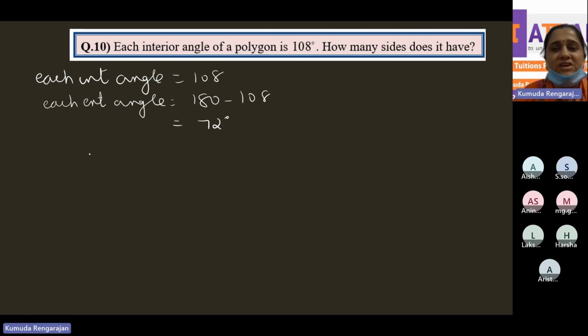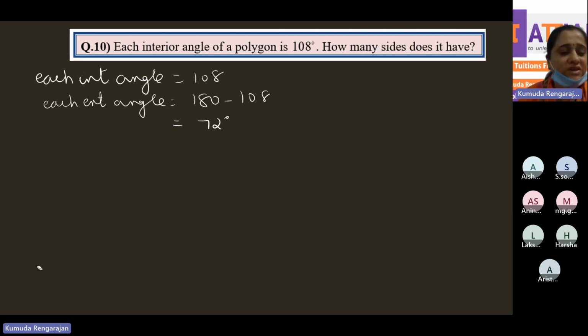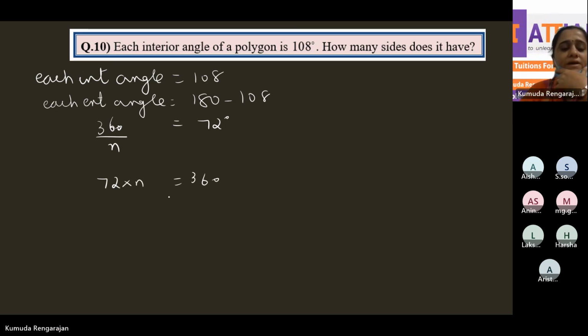Now we know that each exterior angle is given by the formula 360 by n. 360 by n is equal to 72. So on cross multiplying, 72 into n is equal to 360. n is equal to 360 by 72. n is equal to 5.